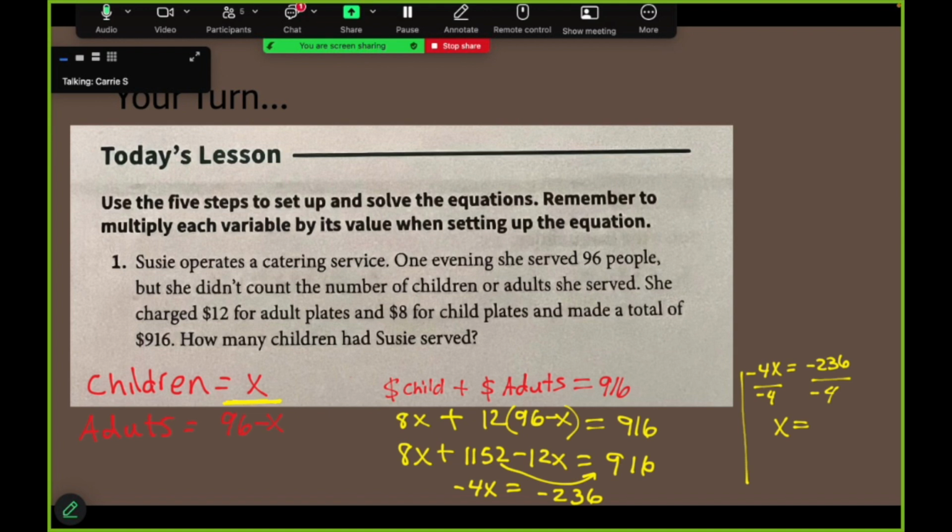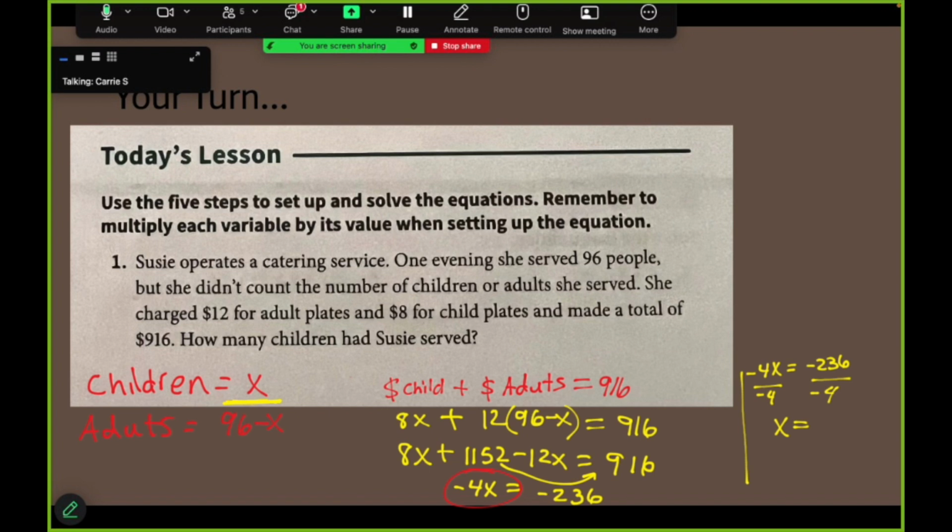What I did is I'm going to change colors here to red. I took this 12 times 96 because I did the distributive property. I did the distributive property right here. I combined my 8 and my 12, and I noticed a negative. And when I got a negative, I was like, oh no, we might have done something wrong.